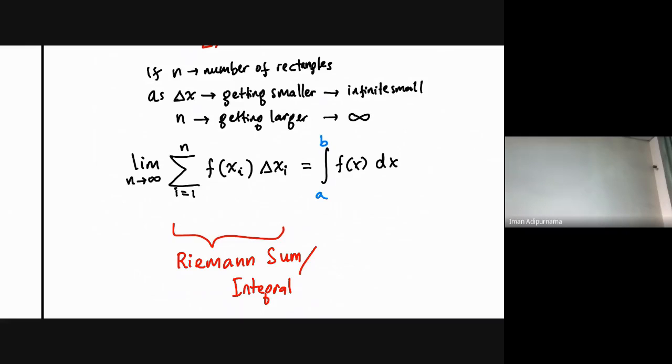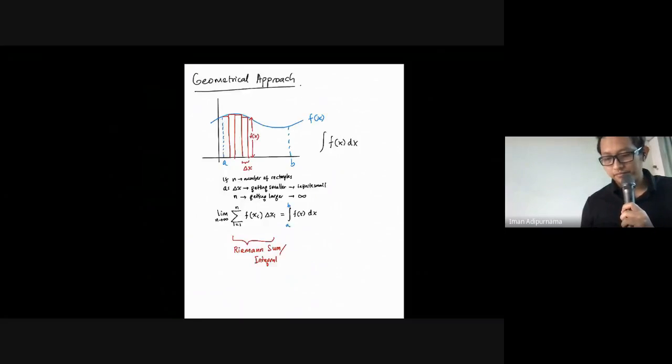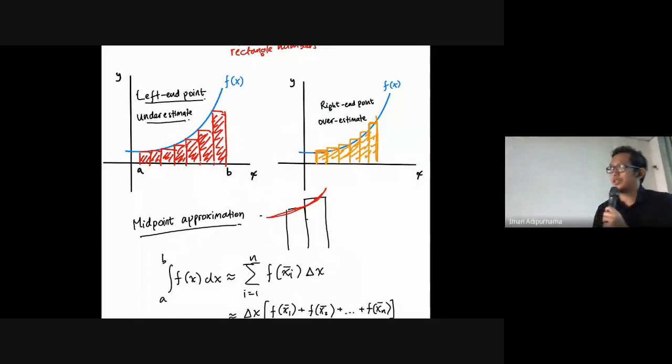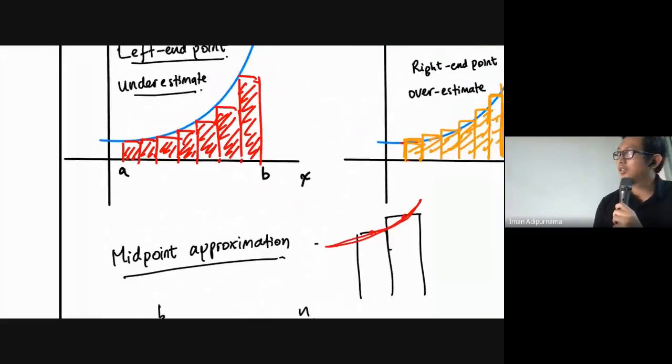Before, in derivatives, you had approximations using the tangent line, right? Now the approximation is using this Riemann sum. There are at least two methods in the first part, left and right endpoint, for the approximation.